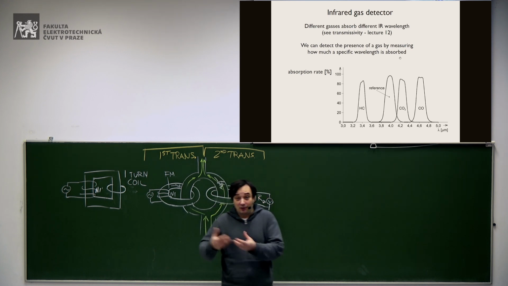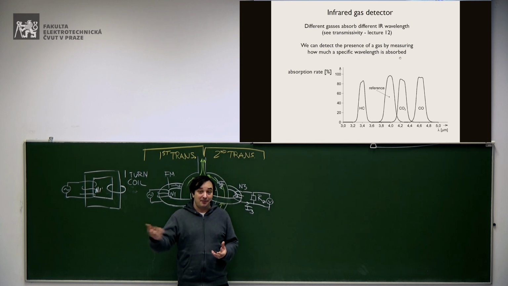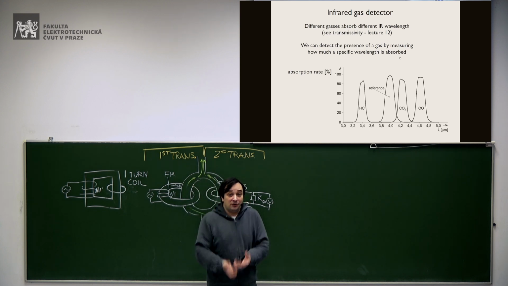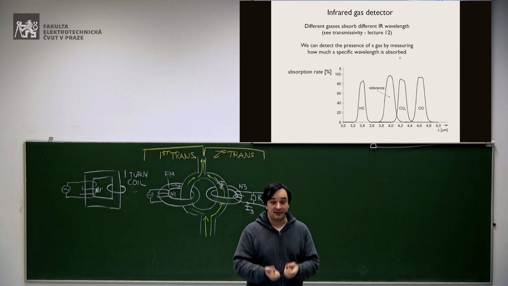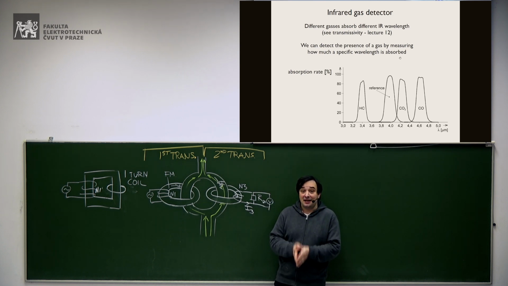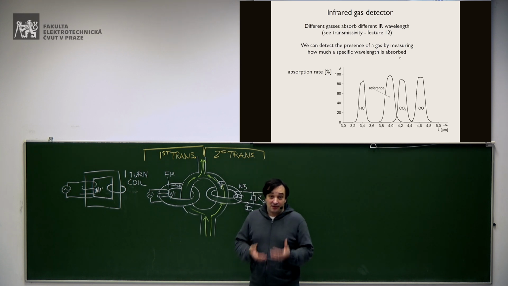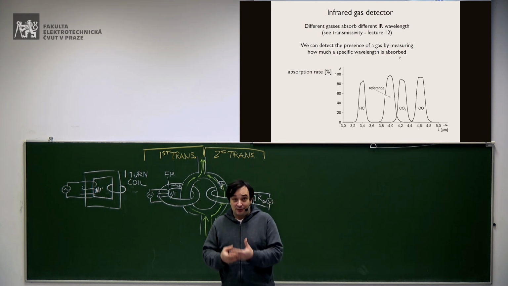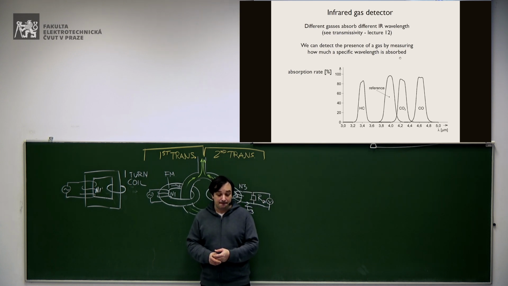The same physical principle, which was bad when you want to measure the temperature of an object with a contactless measurement, based on the fact that I want the energy emitted by the object, in this case is in fact an advantage, because we can use this principle to measure the presence of those gases, which react with specific wavelengths.